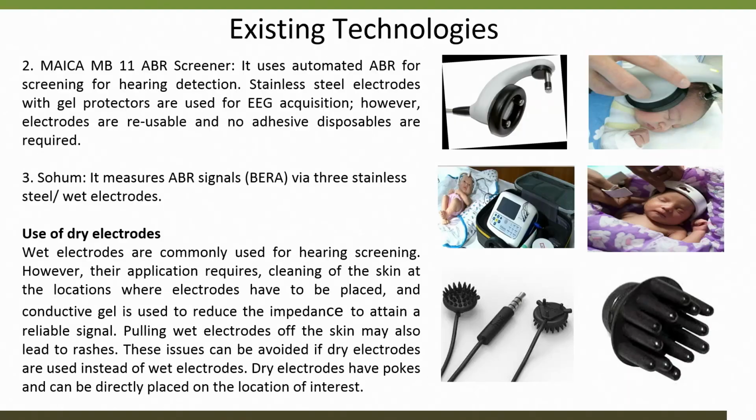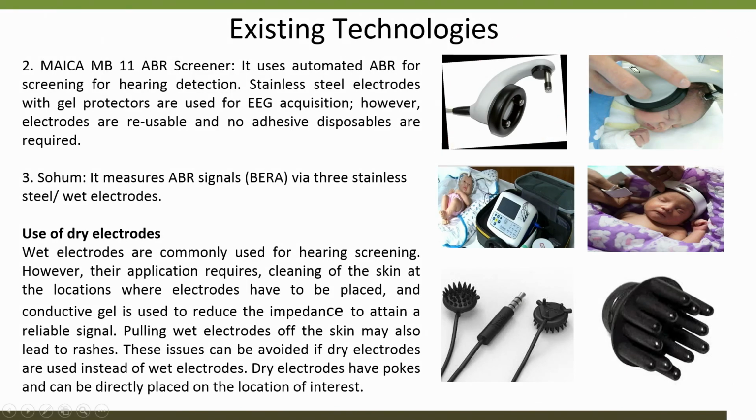For example, the MAICA MB11 ABR screener uses automated ABR for screening for hearing detection. Stainless steel electrodes are used with a gel protector for EEG acquisition. However, the electrodes are reusable and no adhesive disposables are required. There is an advantage. You can see the use of the system on the neonate, right, much easier to use.